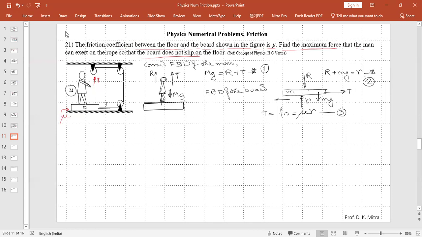Then from equation 3, what do we get? T is equal to mu r.